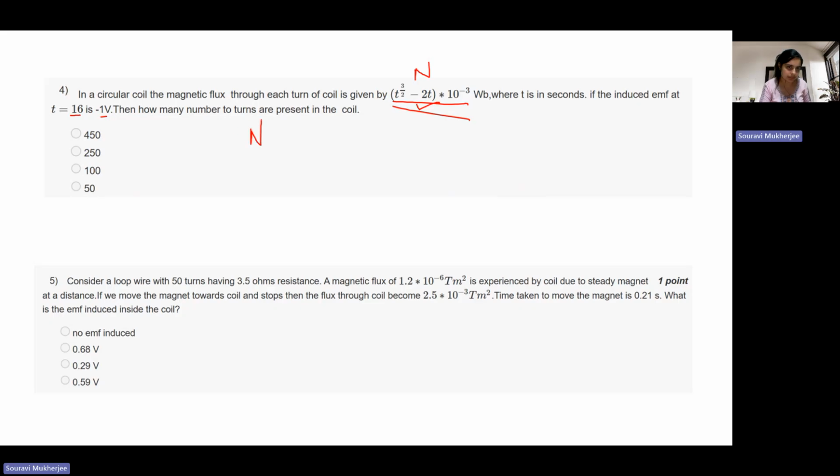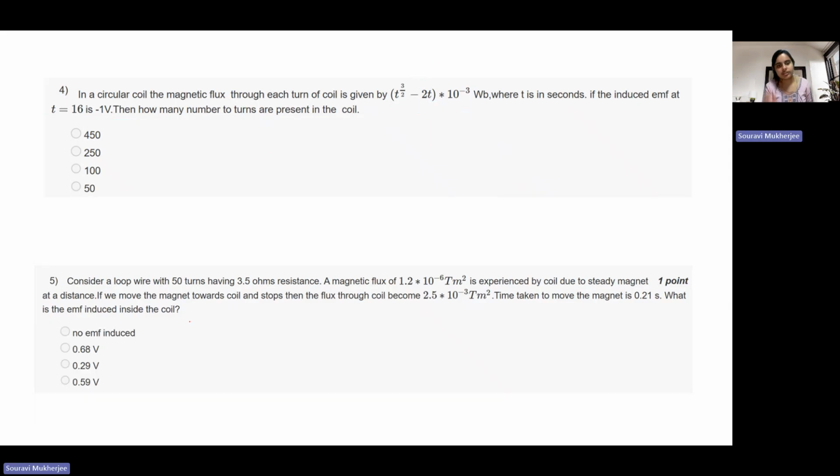That's your question. You know the flux for one coil. The flux for N coils will be N into that. The flux is a function of time, so d phi dt will give you the rate of change of flux. And from there, compare it with the given value that you have for a known t, and then find N. That's the answer. That's how this has to be solved.